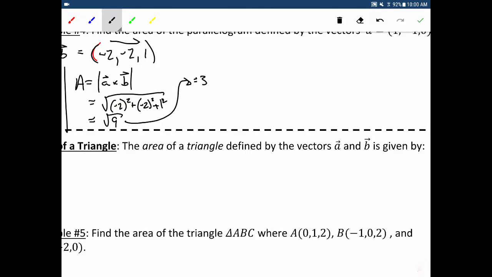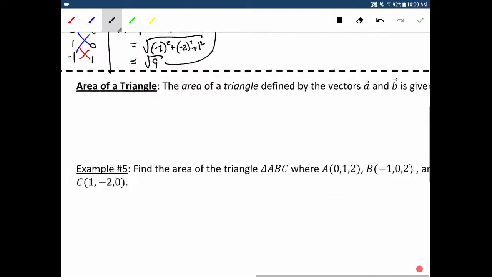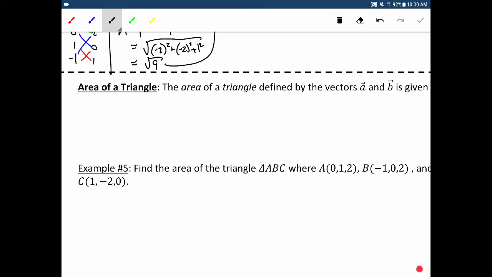So if we wanted to do the same thing, but we're looking at the triangle here, it's going to be the exact same, except that it is only half of the area. And if you actually look at the shapes, that makes perfect sense. You're just cutting it in half.